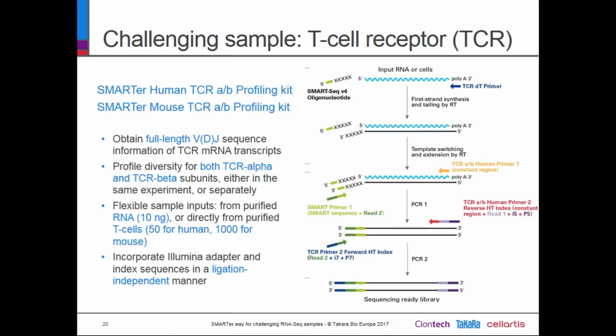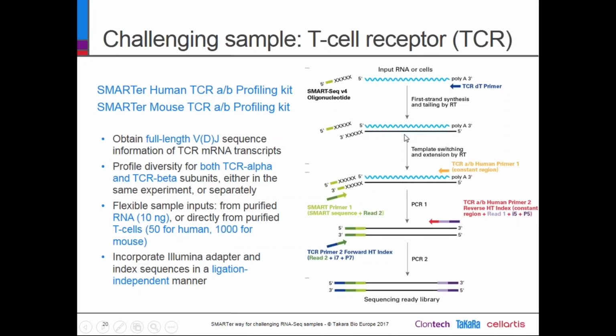So the last challenging sample that I'm showing here is the T-cell receptor profiling. This is a specific application as compared to what we discussed before that will allow you to do whole transcriptome analysis. Here we are focusing only on one specific transcript, and this is the transcript coming from the T-cell receptor, alpha and beta.